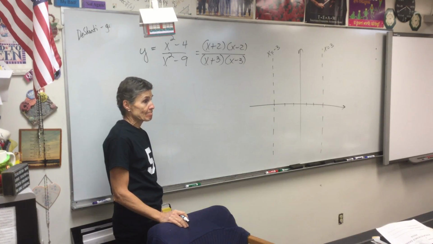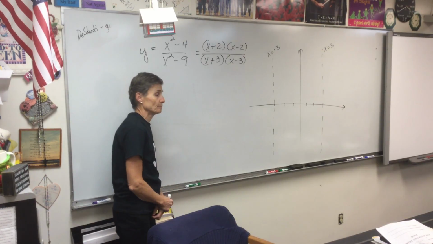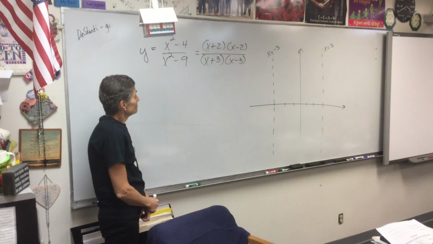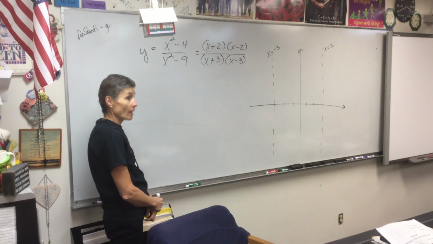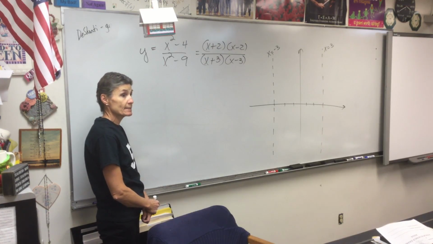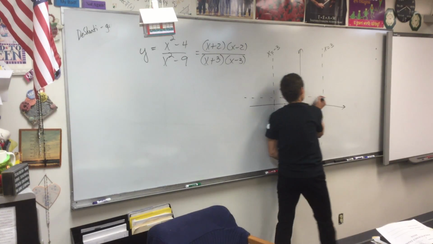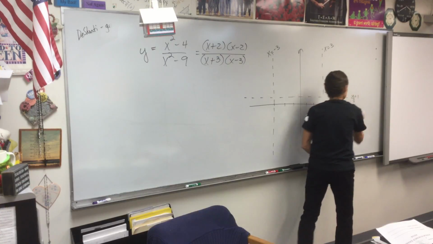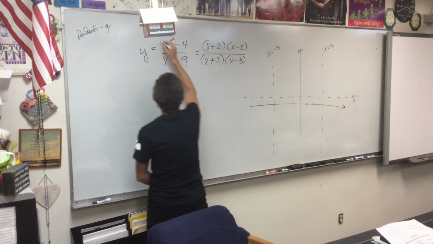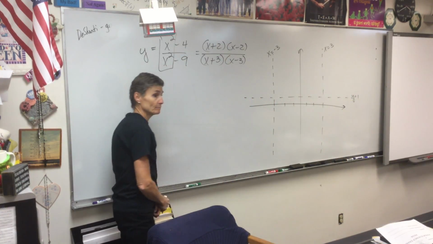Right? All right, tell me what else I have. I have a horizontal asymptote. Where is it? Positive 1. And the horizontal asymptote is at positive 1 because I have x squared over x squared.